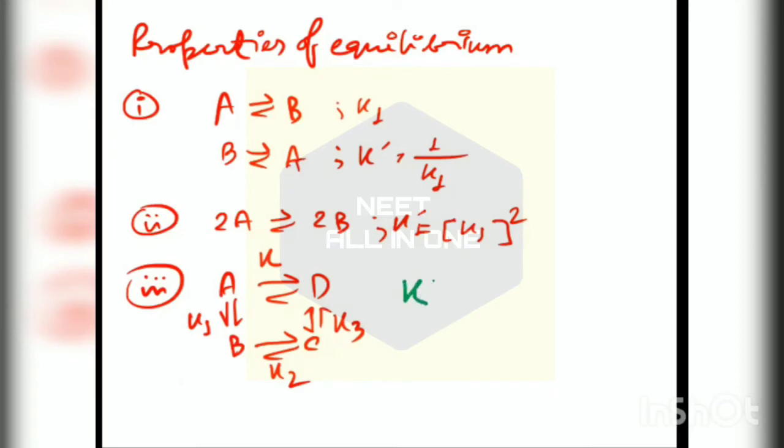What we have to do for this K is write it like this: K1 into K2 into K3. That means we have to multiply, not add. These are the things we have to remember, because everyone confuses it with thermodynamics and makes mistakes.